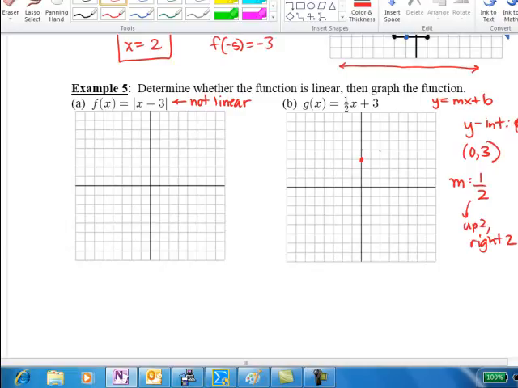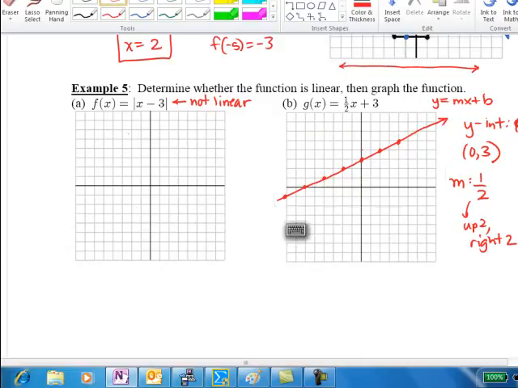So we'll go up 1, right 2, up 1, right 2, or down 1, left 2, down 1, left 2, and so on. And then we can connect those points. So that should look linear, and it does. Y-intercept 3 and slope 1/2.